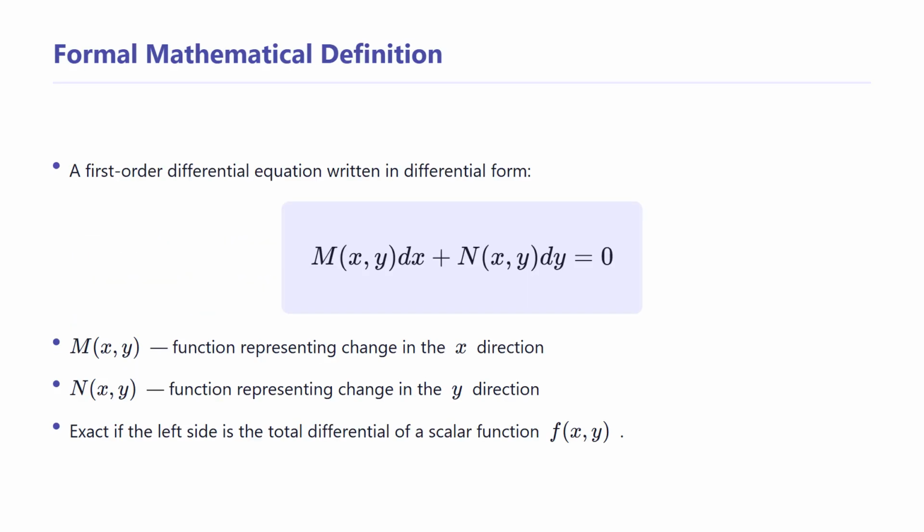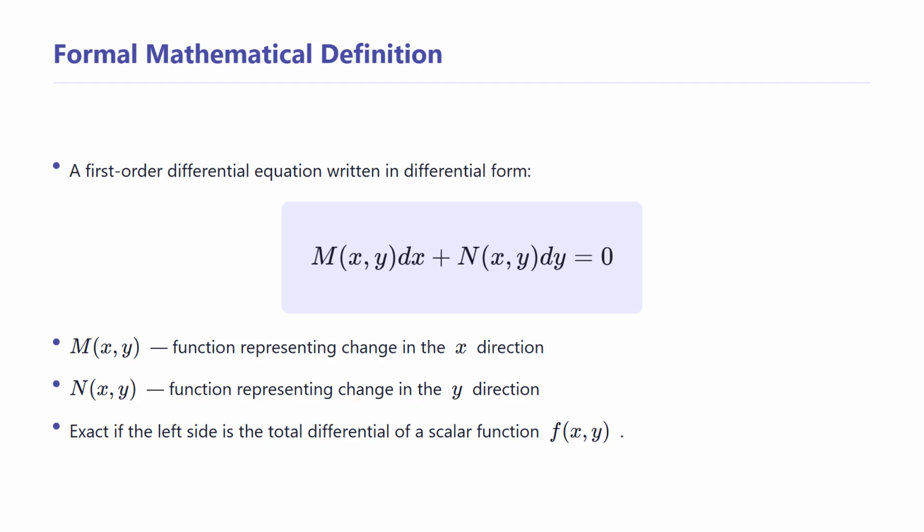Let us look at the mathematical representation. A first-order differential equation is often written as M dx plus N dy equals 0. Here, M and N are given functions. The symbol dx represents a tiny change in the x direction, and dy is a tiny change in the y direction.